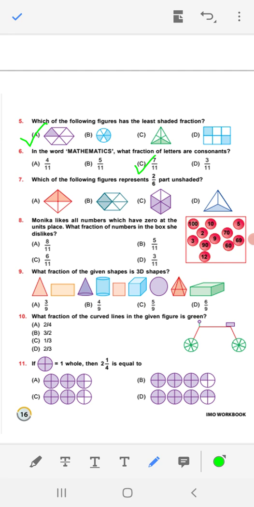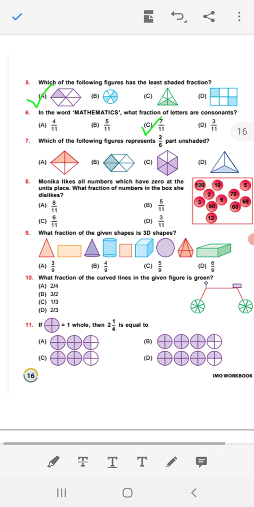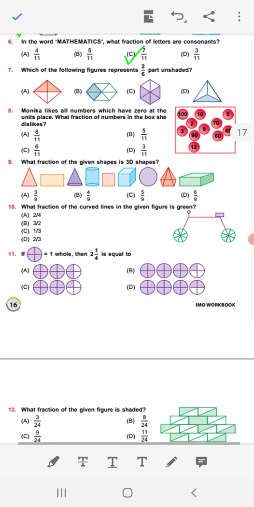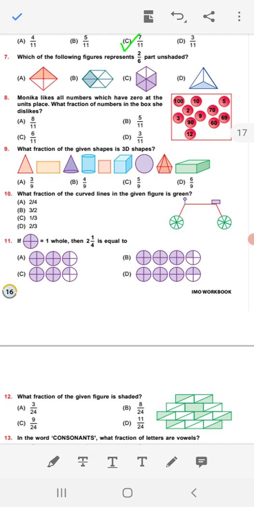Now passing to the question number 8. Monica likes all numbers which have 0 at the unit place. That means the one place digit of the number.